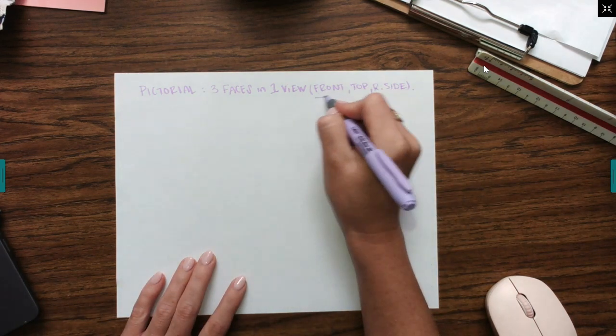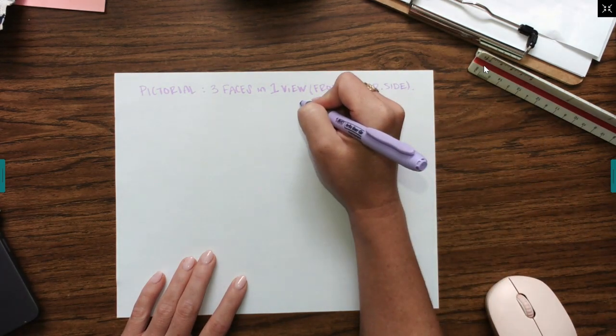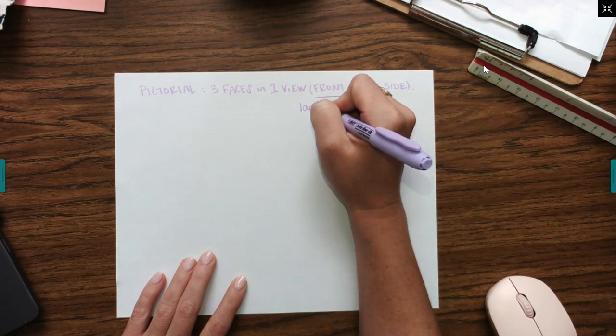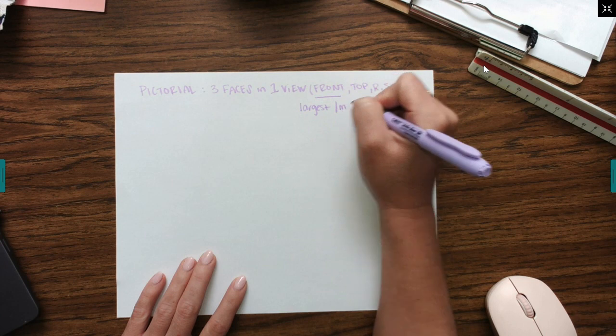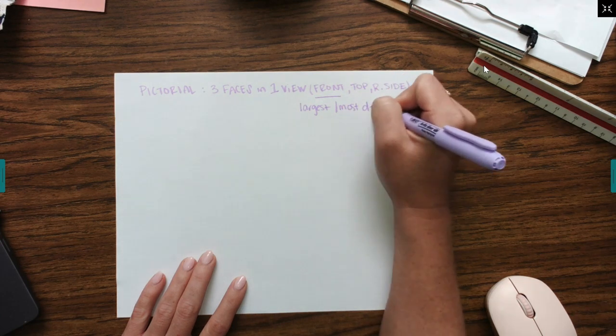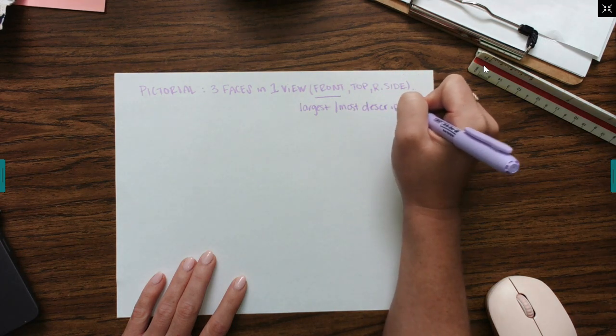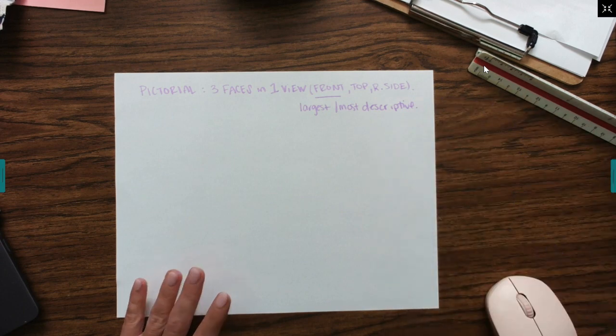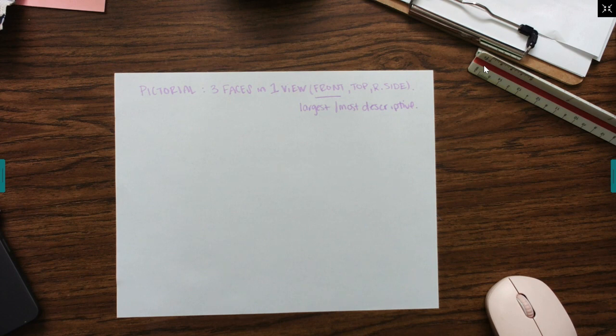Your front view is your most important, and it's your largest and most descriptive. If you have to identify the front view of your object, it again will be the largest and the most descriptive.